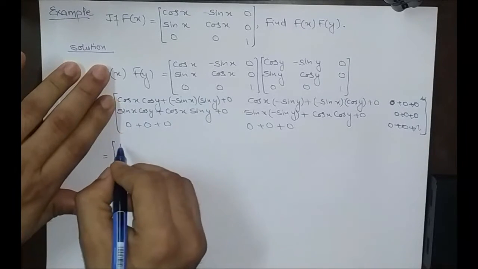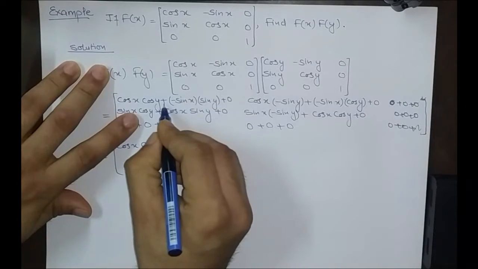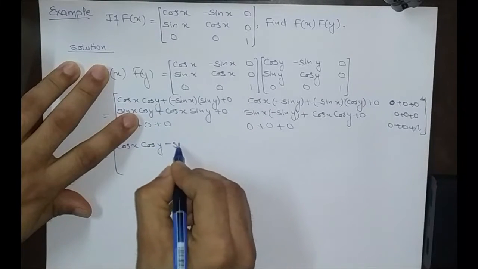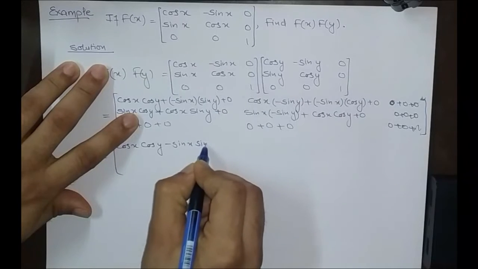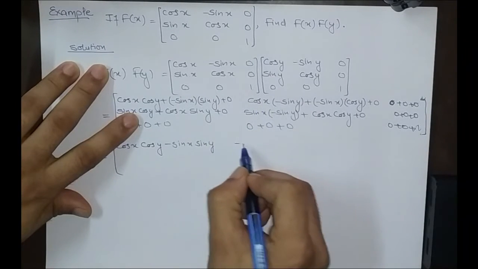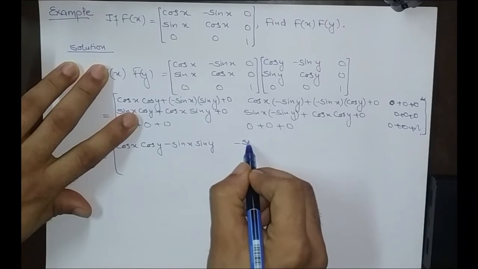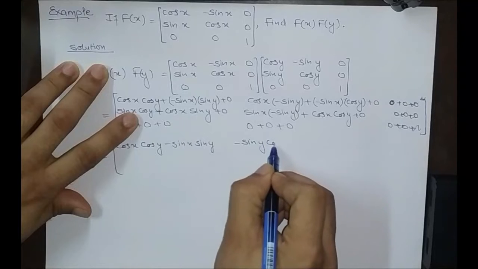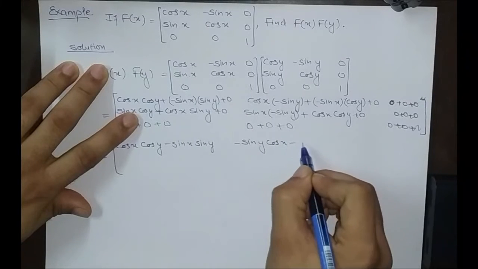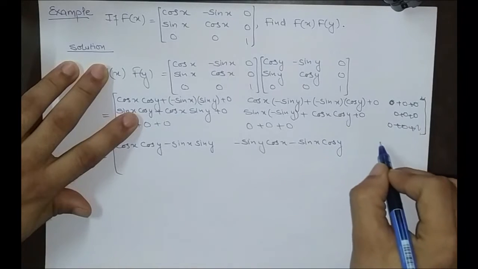Here it becomes cos x cos y minus sin x into sin y. This is minus sin y cos x minus sin x cos y, 0.